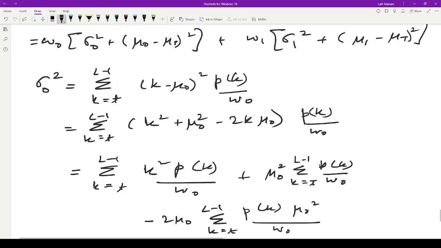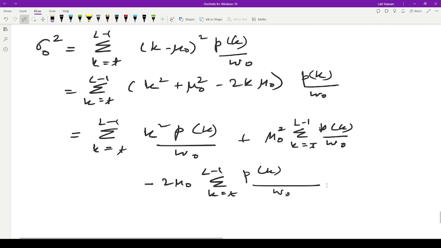Oh, sorry, there is no mu naught square. Sorry. Okay. So this part is fine, right? So I'll check these expressions now.